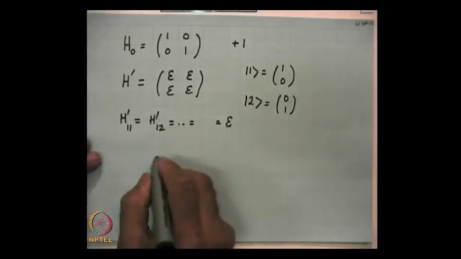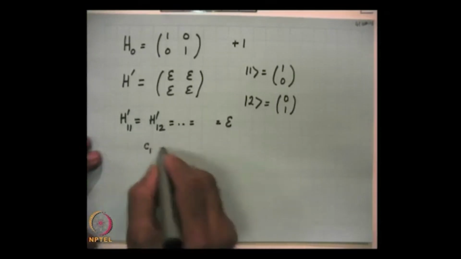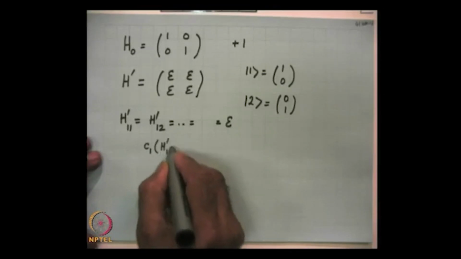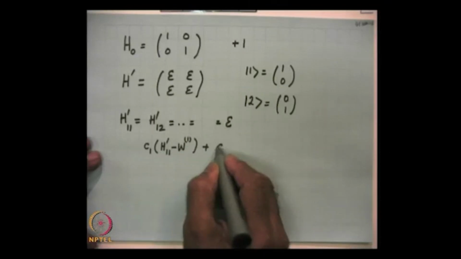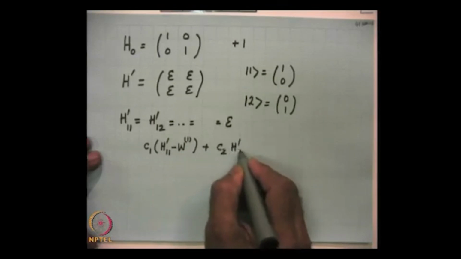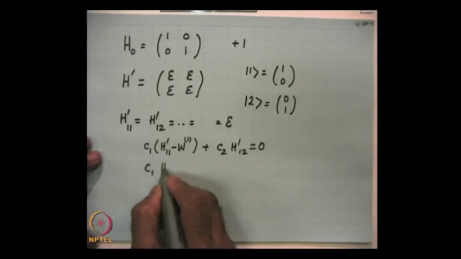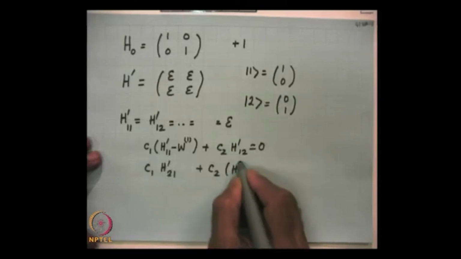So we set up the secular equation and found that the equation is C 1 times (H prime 1 1 minus W 1) plus C 2 H prime 1 2 is equal to 0, and then C 1 H prime 2 1 plus C 2 (H prime 2 2 minus W 1) equal to 0.